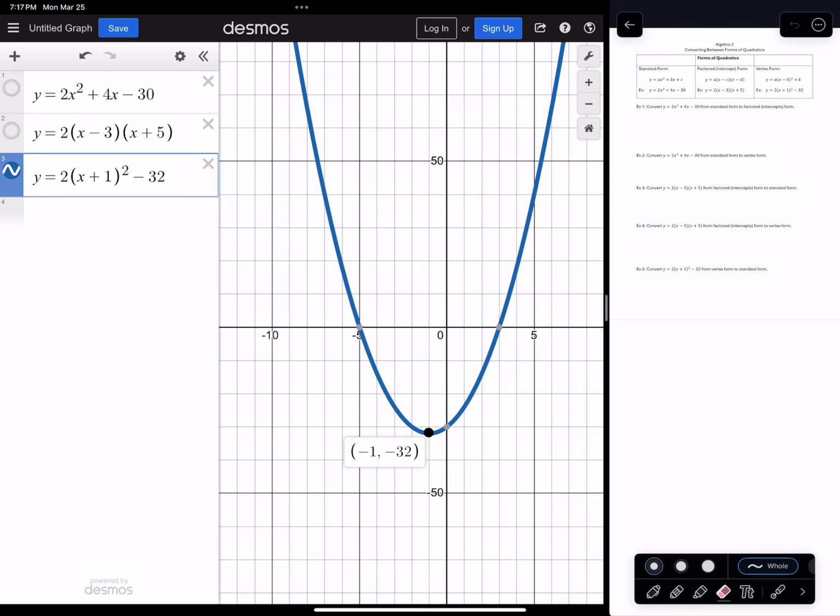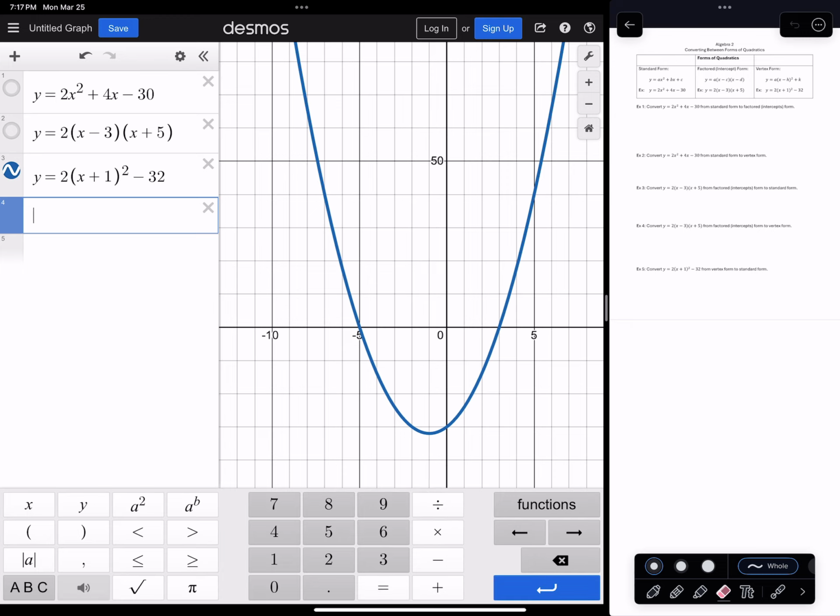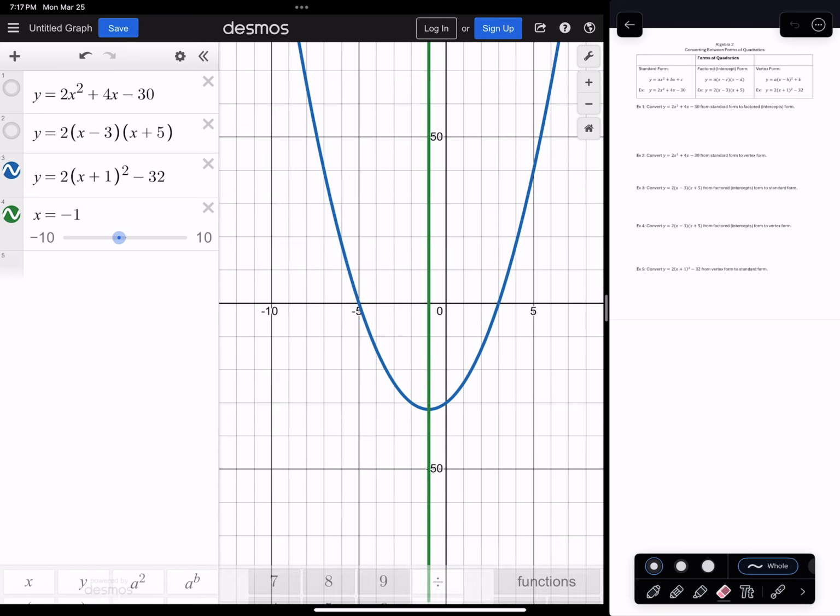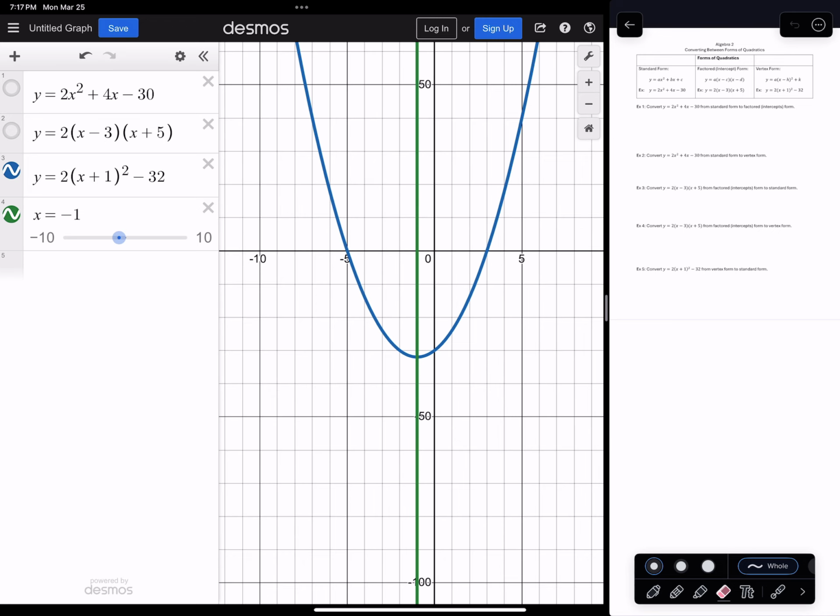Just some reminders. Another reminder you're going to use to your advantage is that we have the axis of symmetry that runs right down the center of this parabola. I'll make it a dotted line here. The nice thing about that is we know parabolas are symmetric, and that axis of symmetry runs right down the middle.